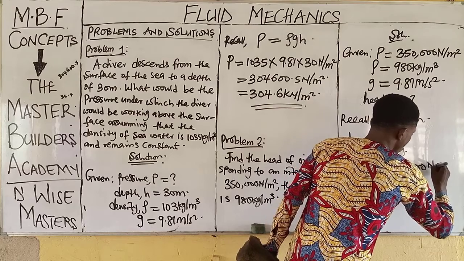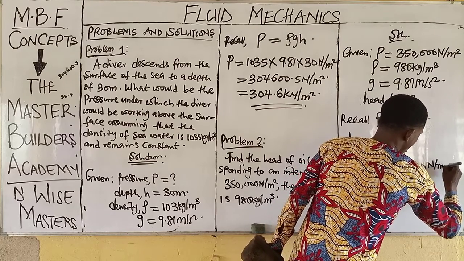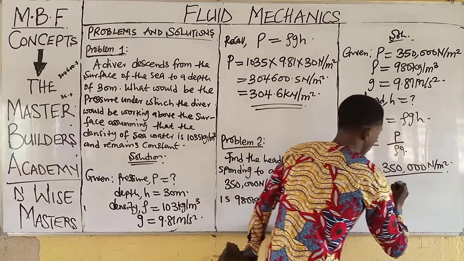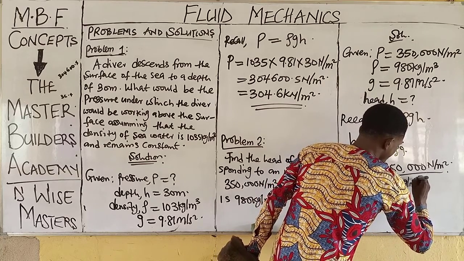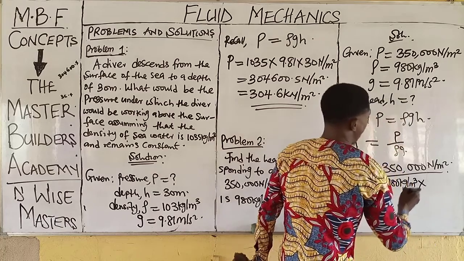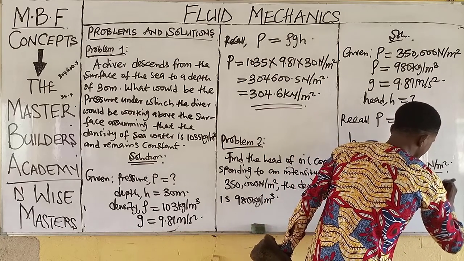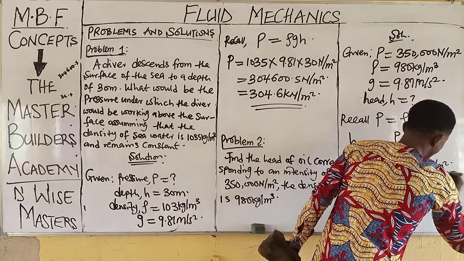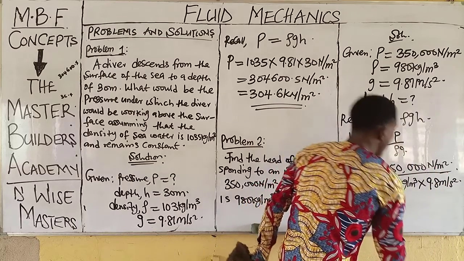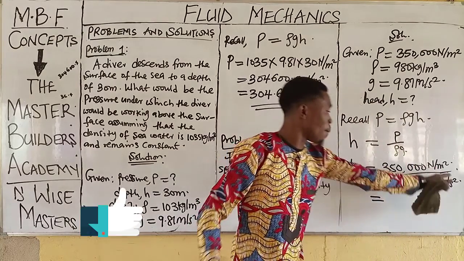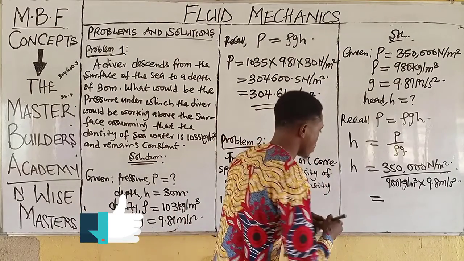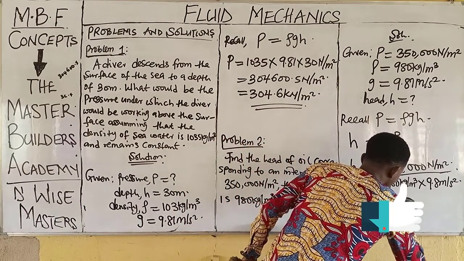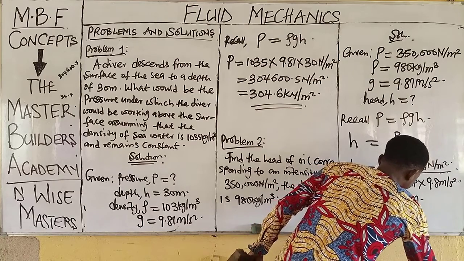350,000 Newton per meter square all over 980 kilogram per meter cube multiplied by 9.8 meter per second squared. And when we multiply out the denominator and then divide the numerator by the outcome, the answer becomes 36.4 meters.